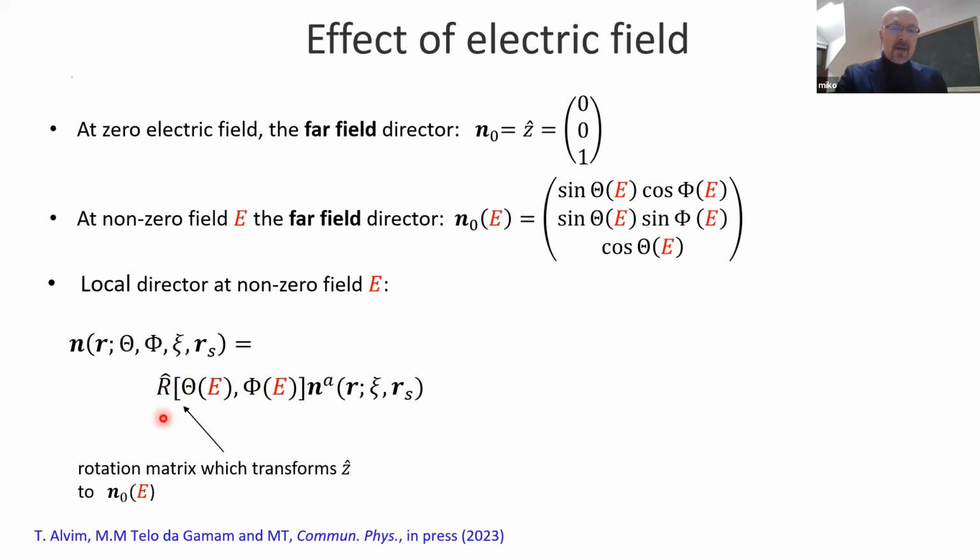This rotation matrix is constructed from the condition that it rotates the far field background d to this deformed, or tilted, configuration n0, which depends on E. So basically, we locally rotate the director by a given angle. And this is our model.